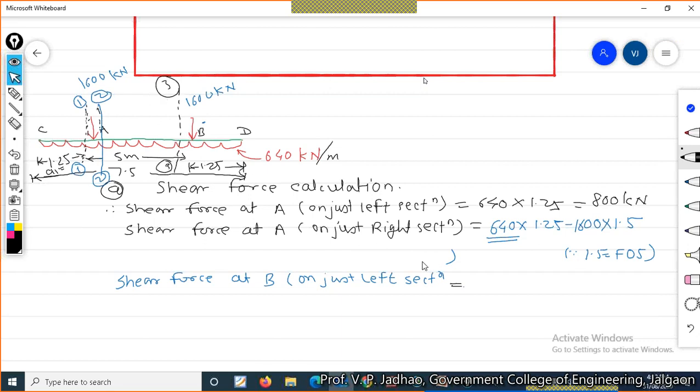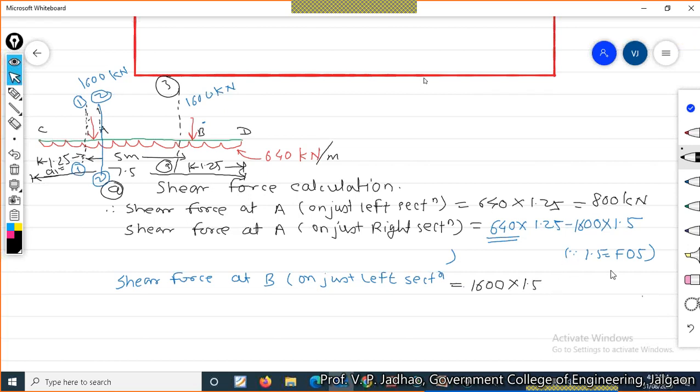Then the shear force here will be, this 1600 is going in clockwise direction. Therefore, 1600 multiplied by 1.5. Why 1.5?